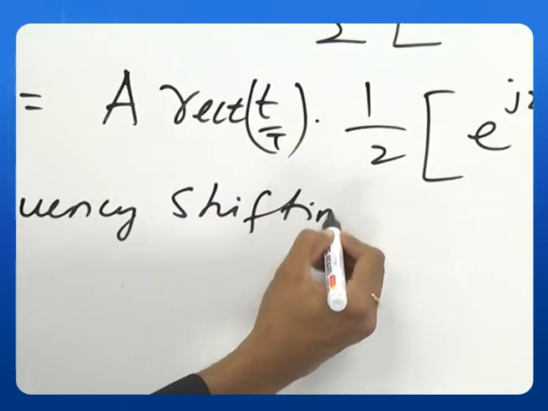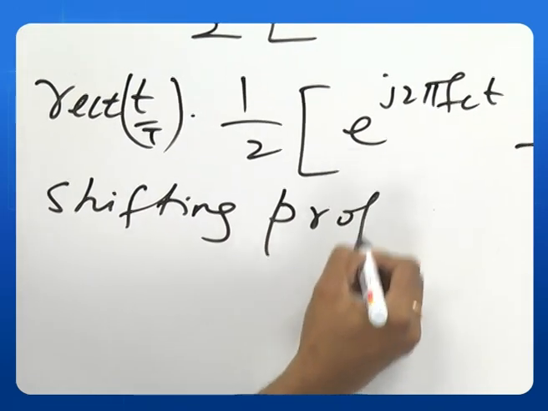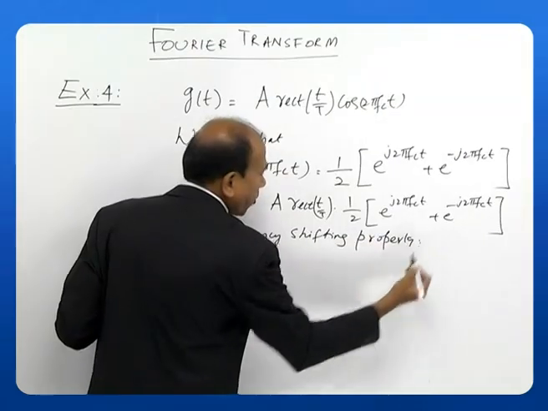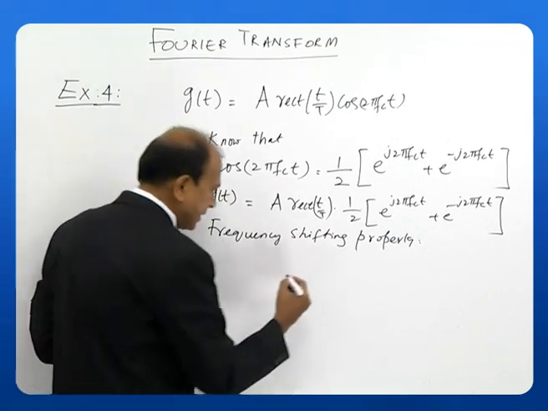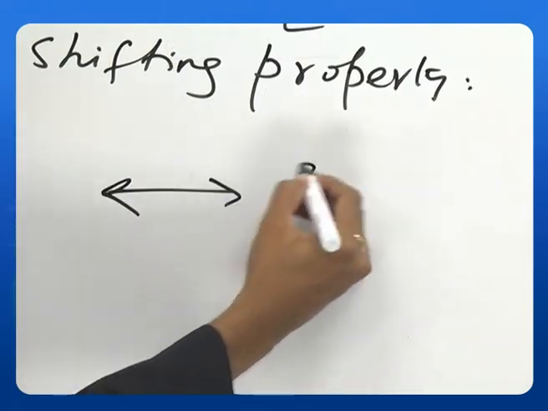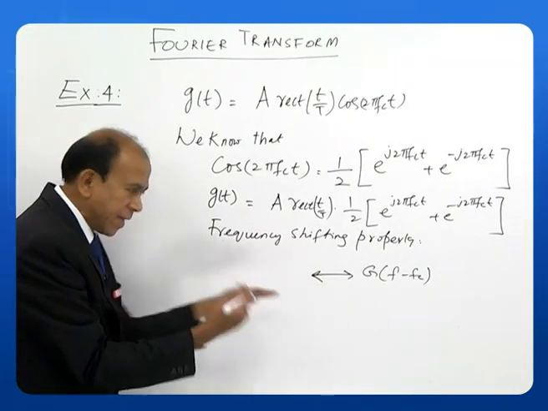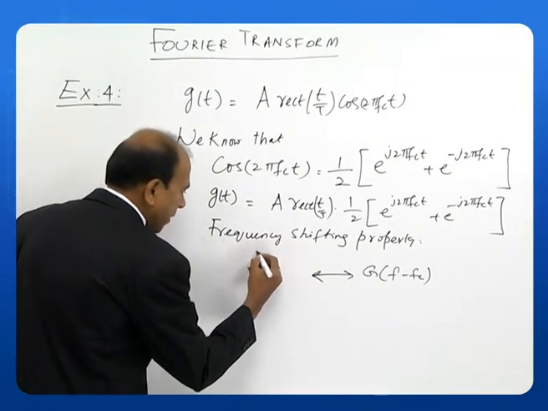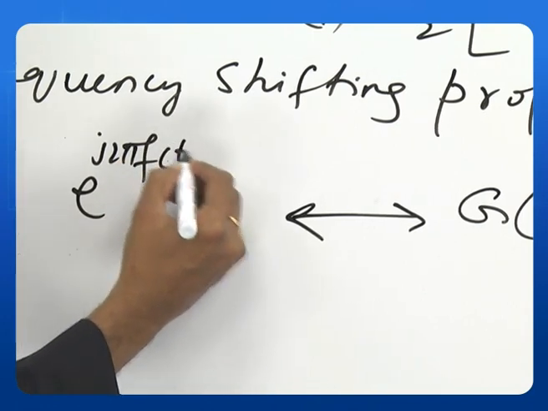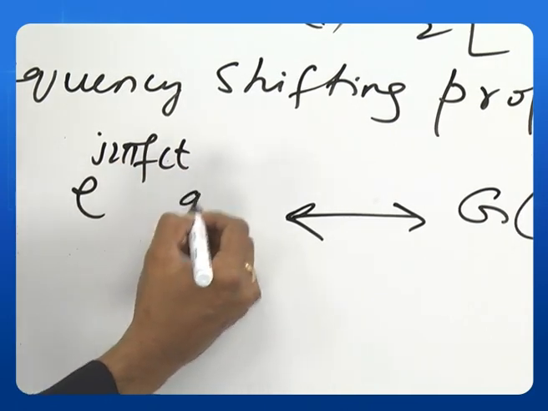What does the frequency shifting property say? It says when there is a shift in frequency from f to f minus f c, then the equivalent time domain function will be multiplied by e to the power of j2 pi f c t, that is, g of t times e to the power of j2 pi f c t.